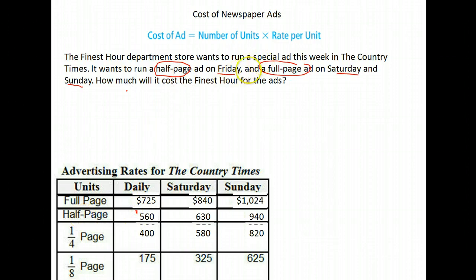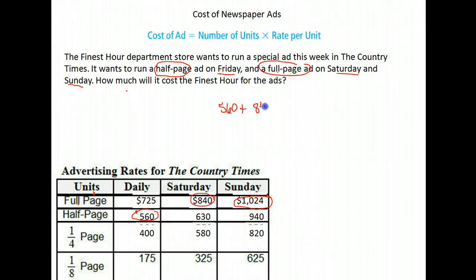So Friday is a half-page ad, so we go to Friday daily. Half-page ad for a weekday is $560. So our cost for Friday is going to be $560. On Saturday and Sunday, they want a full-page ad, so we jump up here to full-page ads. On Saturday, that's $840, and on Sunday, it's $1,024.